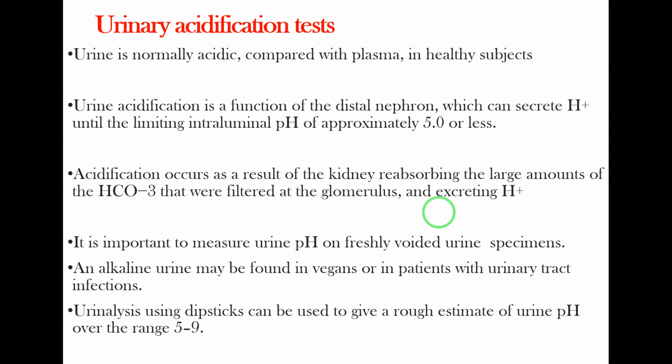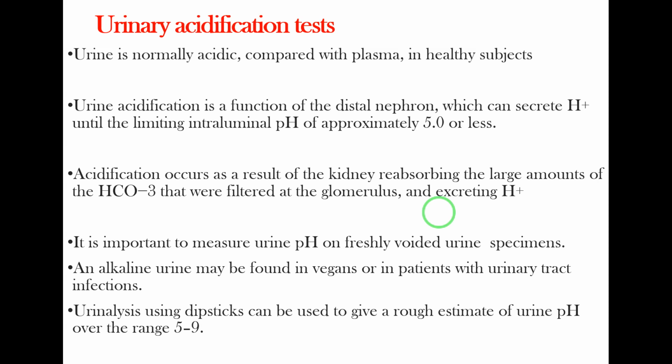The acidification and secretion of hydrogen occur mainly in the distal part, where the fine adjustment occurs, and there will be reabsorption of bicarbonate, the basic component, while there will be excretion of hydrogen, the acidic component, and this will result in acidic urine.